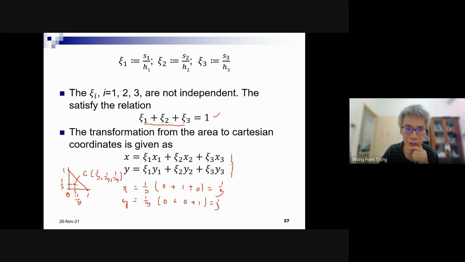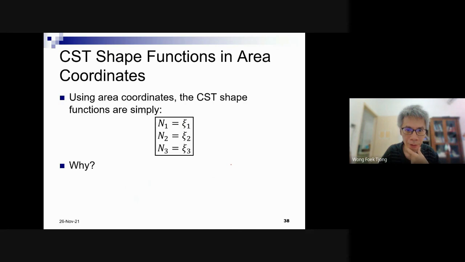This is a very brief introduction about another coordinate system called the area coordinate system. Well, if no question, before, we expressed the shape functions in terms of Cartesian coordinates, and it's a little bit complex.